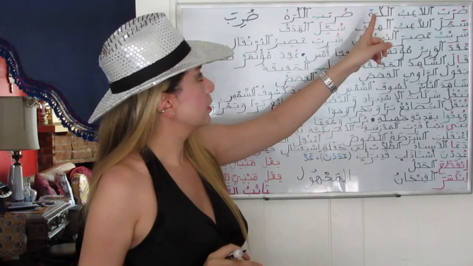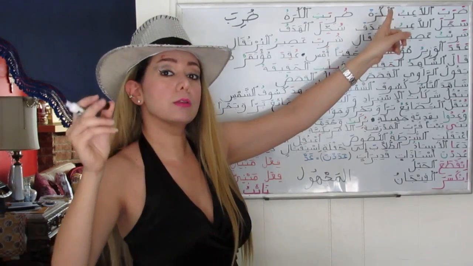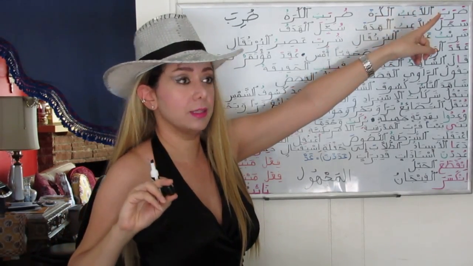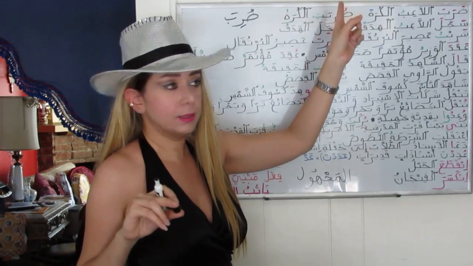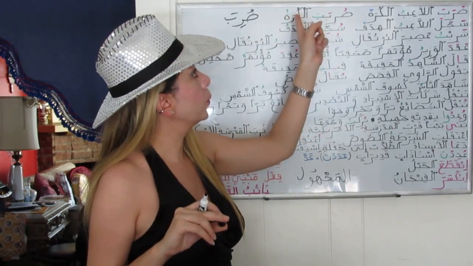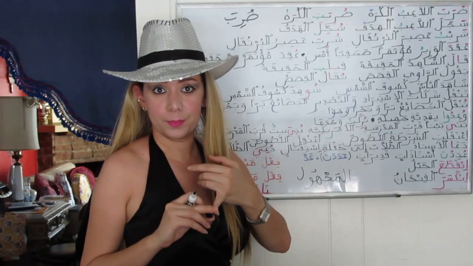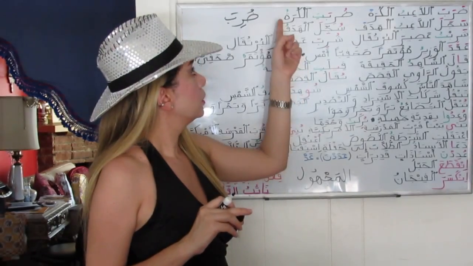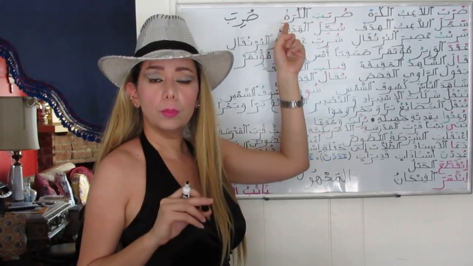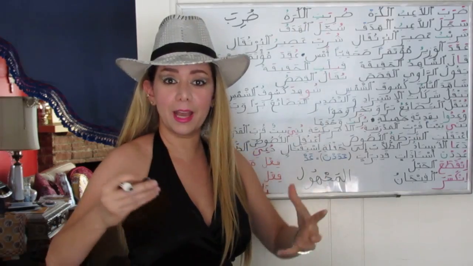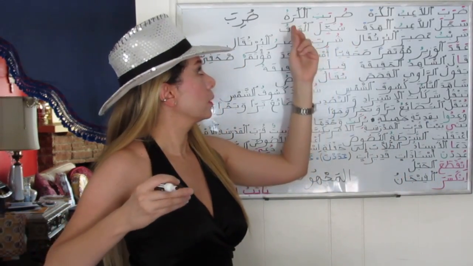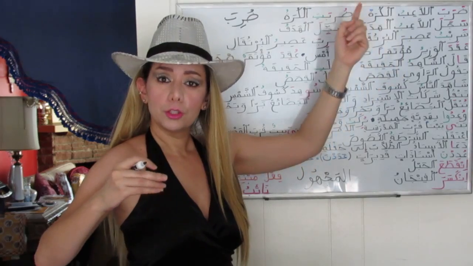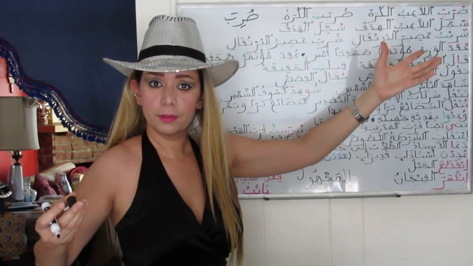But since Al-Kura, which was the object of the active sentence, became the subject of the passive sentence, Al-Kuratu, so we have a change in case. Alright? Now it is in the nominative case since it is acting as the doer. Alright? So the object took over.